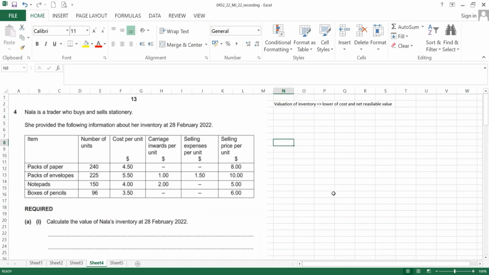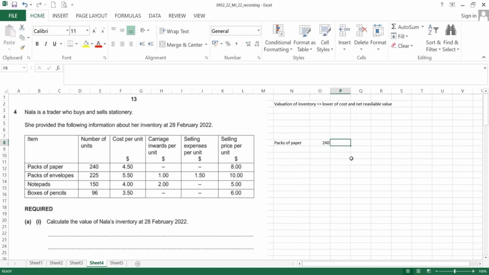For the A, we have bag of apple. In your paper, you have the quantity. Selling price $8, cost is, so we have to take the 240 and then $4.50 and then add envelope 225.